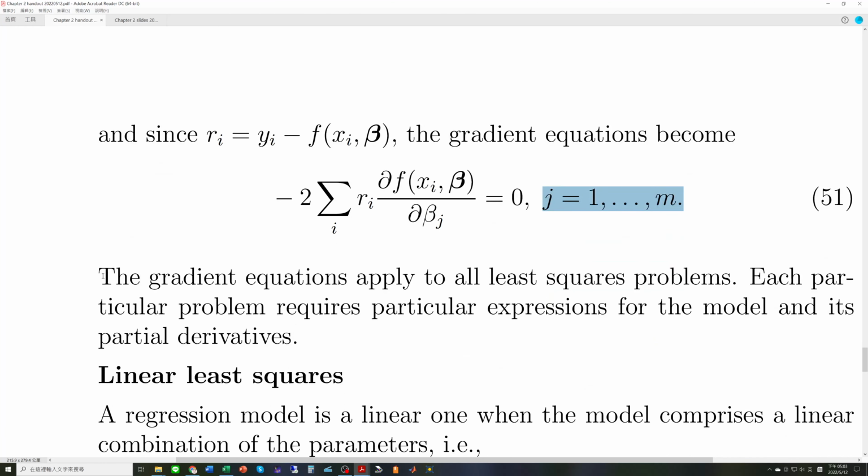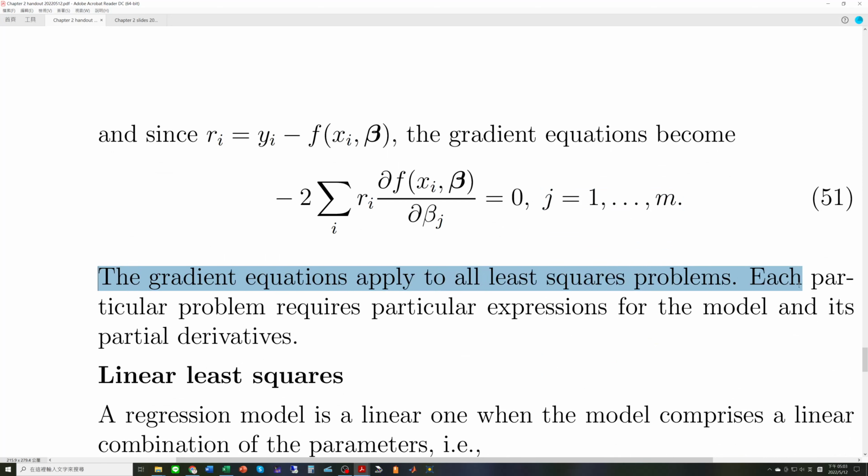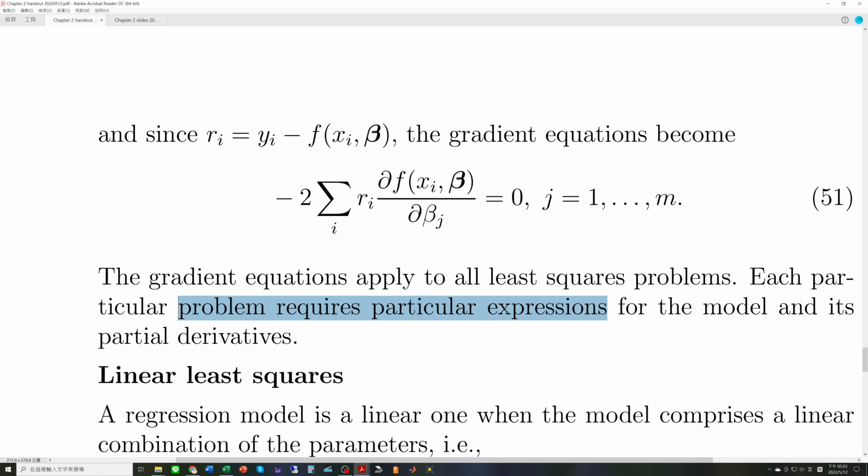The gradient equations apply to all least squares problems. Each particular problem requires particular expressions for the model and its partial derivatives.